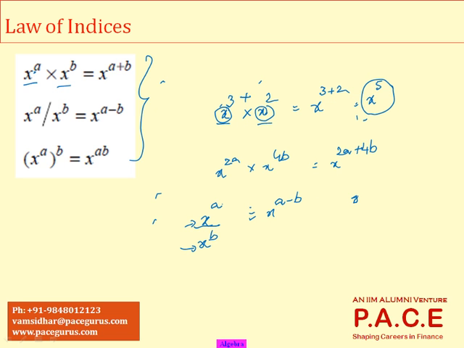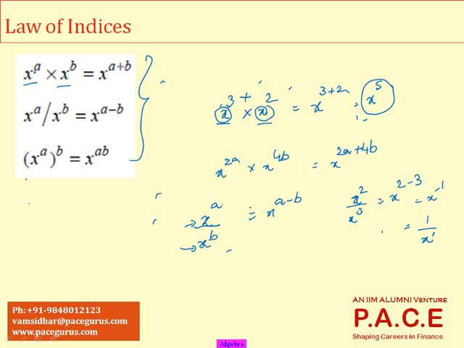So if I say x squared divided by x cubed, I will simply write it as x to the power of 2 minus 3 or x to the power of minus 1. Remember, x to the power of minus 1 can always be written as 1 by x to the power of 1, which is nothing but 1 by x.